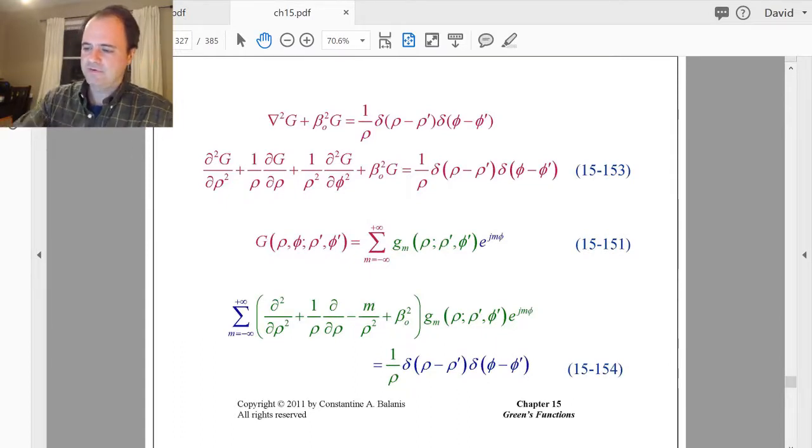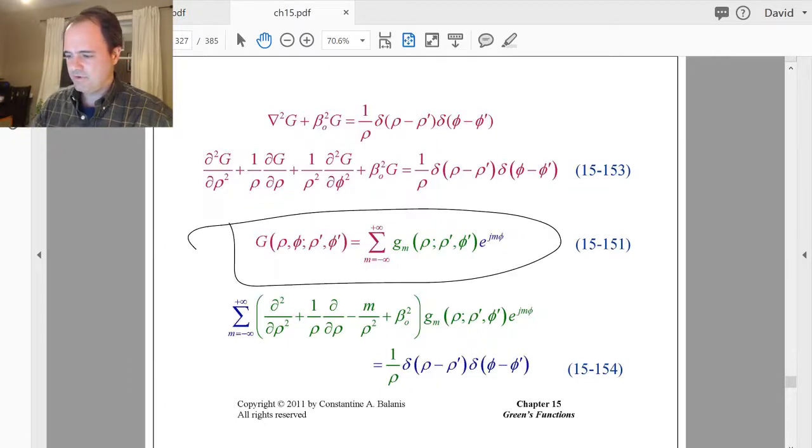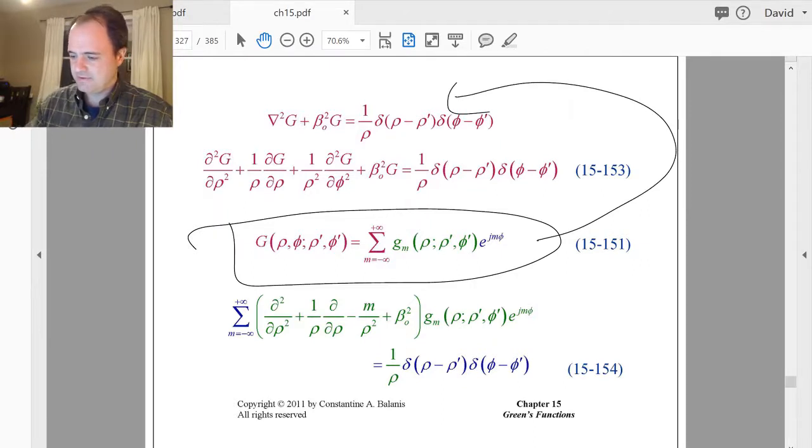In cylindrical coordinates, this is what we have. And so we have the trial solution here. And then we plug this trial solution into this to get this right here.